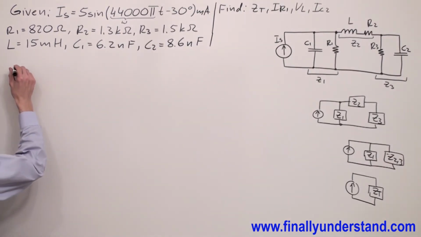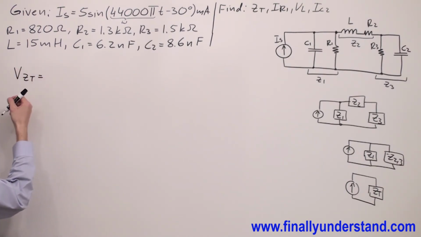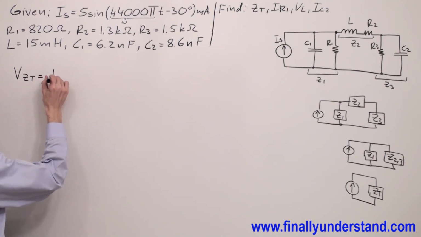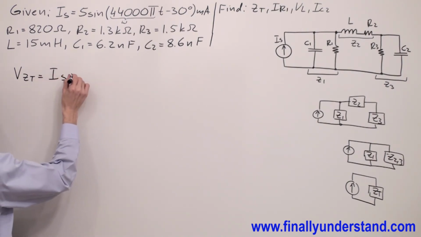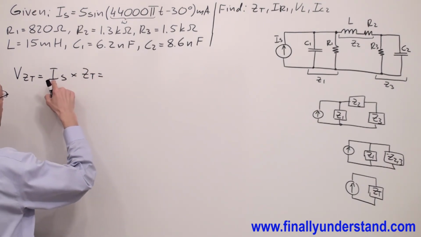So I'm going to find voltage across Z total. I'm going to use Ohm's law, so this is I source times Z total, which is equal I source.